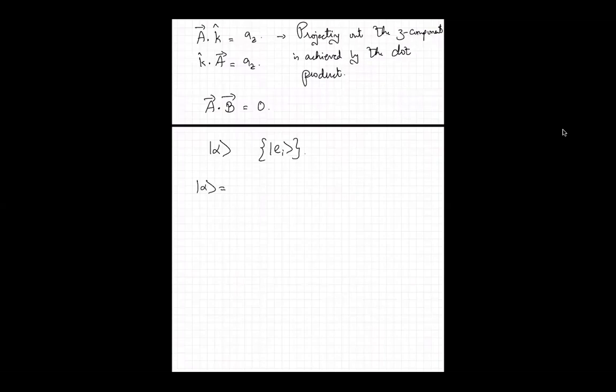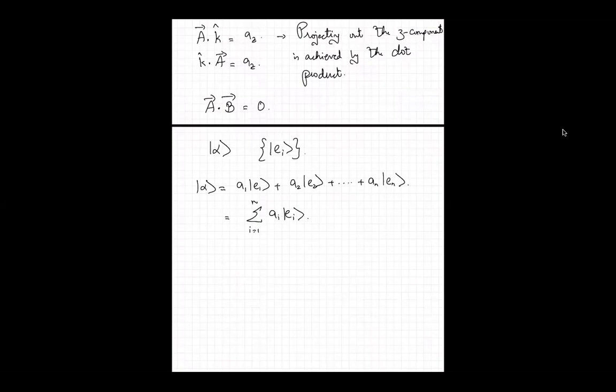I will write this alpha as some linear combination of the basis vectors. So let us assume that there is a finite dimensional linear vector space with dimensionality n. So I need n basis vectors to describe any vector in this basis. So I can write this as the sum over i, ai, ei.